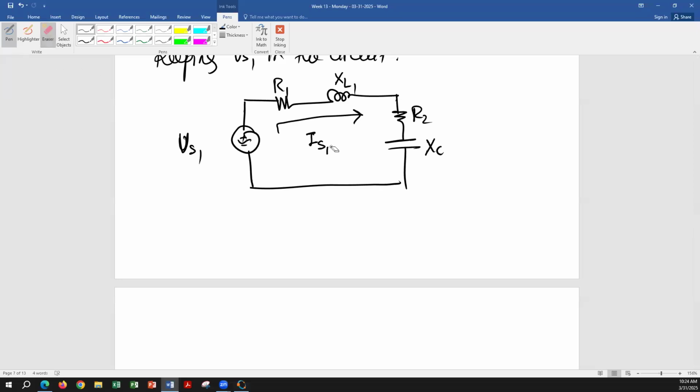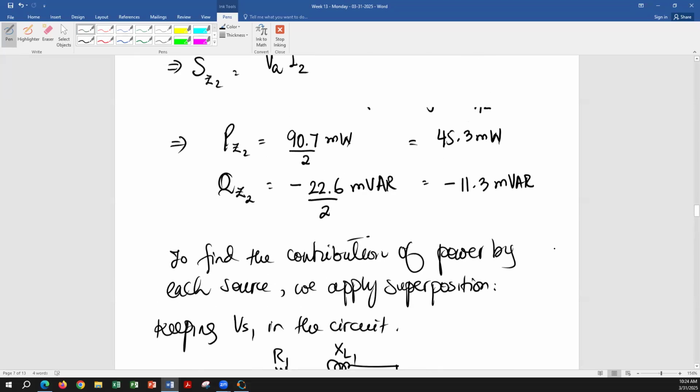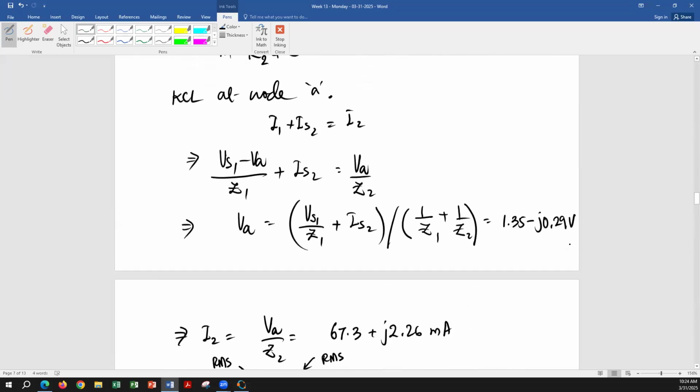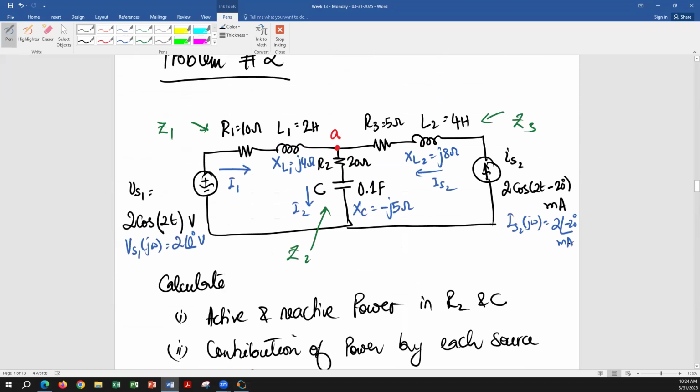What is your question, Rodley? Why is the current in this IS2? You can label it anything that you want. It's just a label.